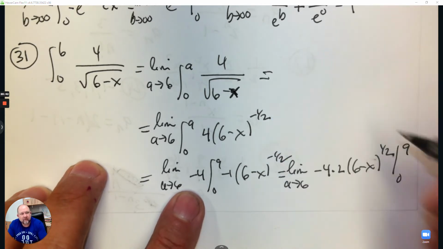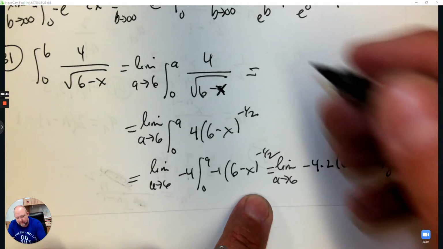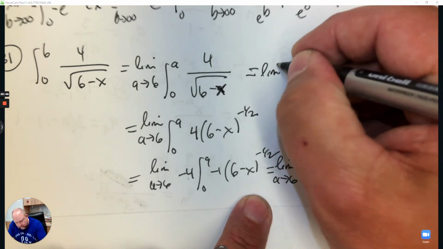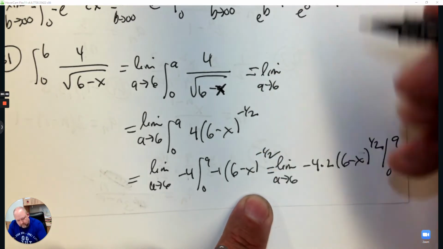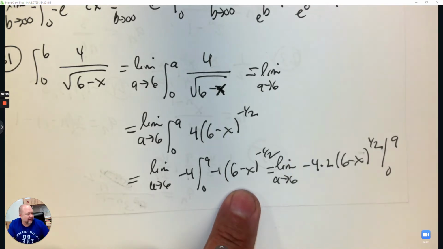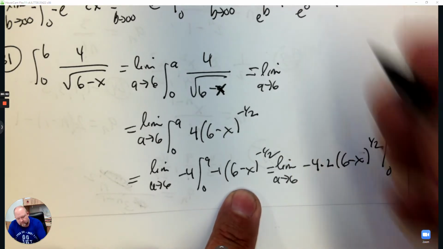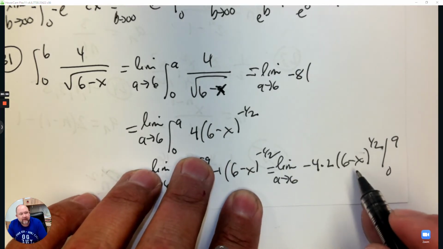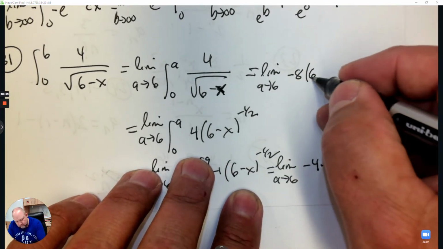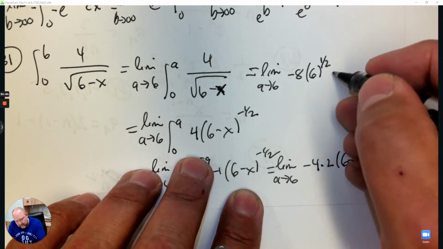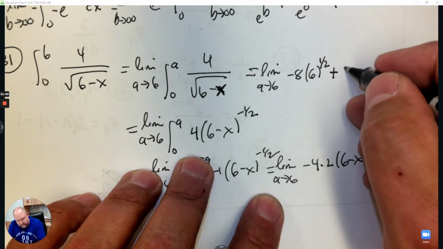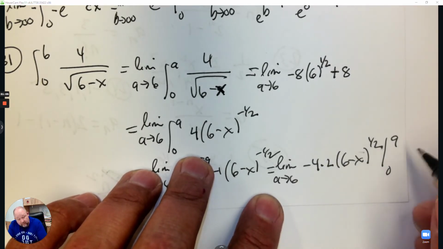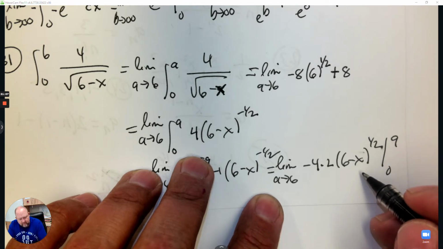I'll continue up here. Still the limit. That's -8. And then I'm going to plug in 0. Subtract a negative. It's 8.